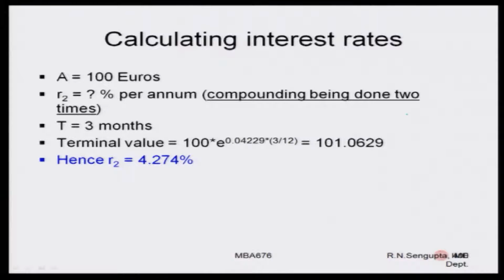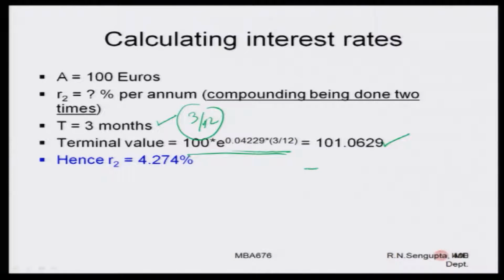Now, we consider R2 as the interest rate for the same problem, but compounded 2 times in a year, that is semi-annual compounding. Consider again the time duration of 3 by 12. If you equate, the value you found initially is 101.0629.